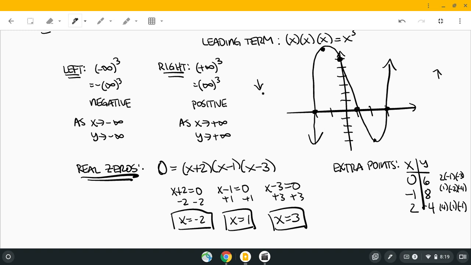Left-hand behavior is down, and we see that it is. Right-hand behavior is up, and we see that it is. Okay, and we have all of the zeros, and then we got a few extra points. Okay, all right, let's try another one.